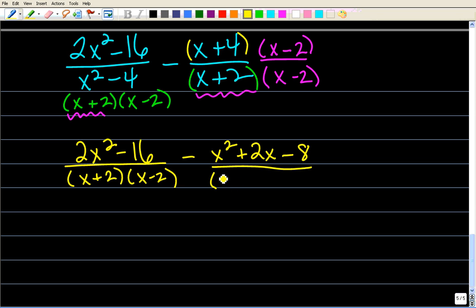The denominator is x plus 2 times x minus 2. I want to get rid of this negative, so I'm going to distribute it, so I'll have plus a negative x squared and negative 2x and a positive 8. And by changing this into addition, it's just like what we did before. So let's write it as a single expression.